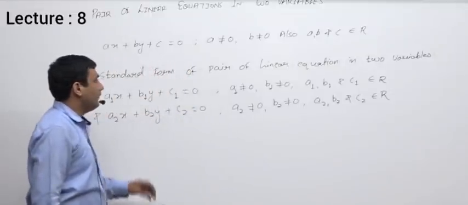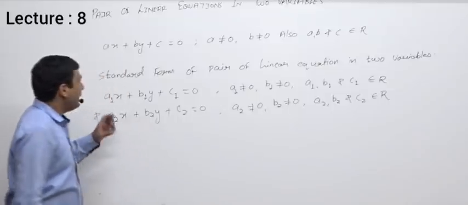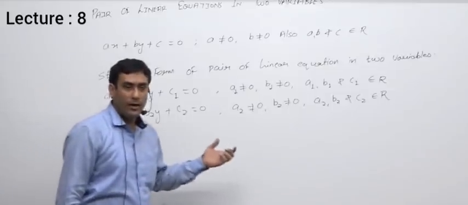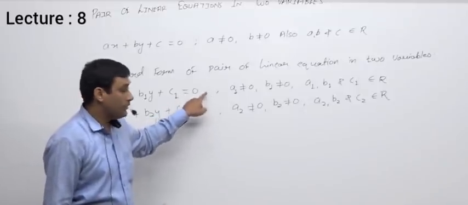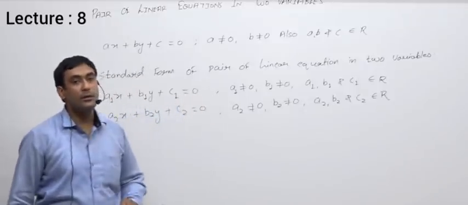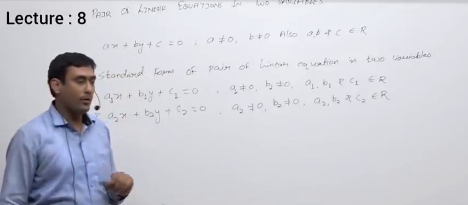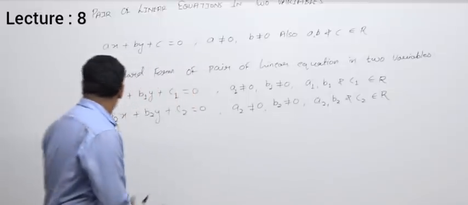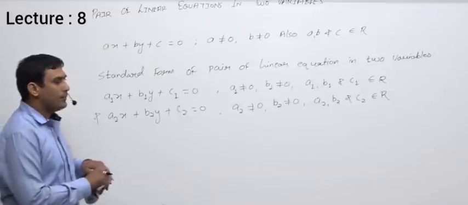So that is the standard form of a pair of linear equations in two variables. Now any set of values of x and y which will satisfy both the equations is known as the solution of the given pair of linear equations.